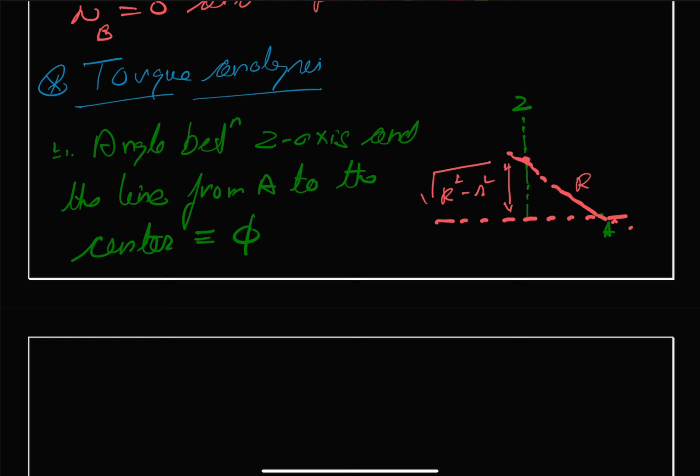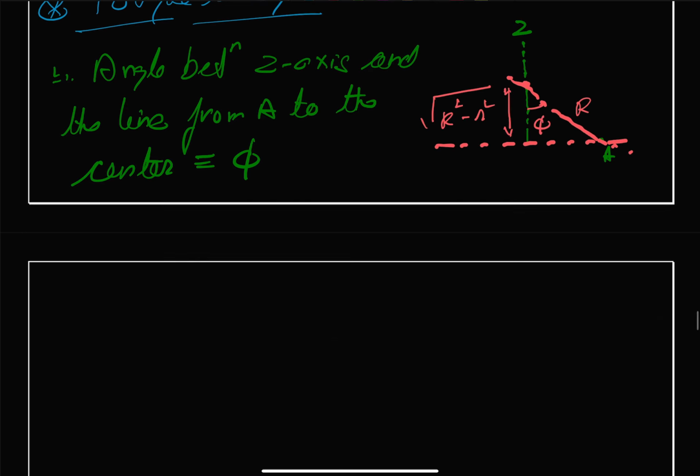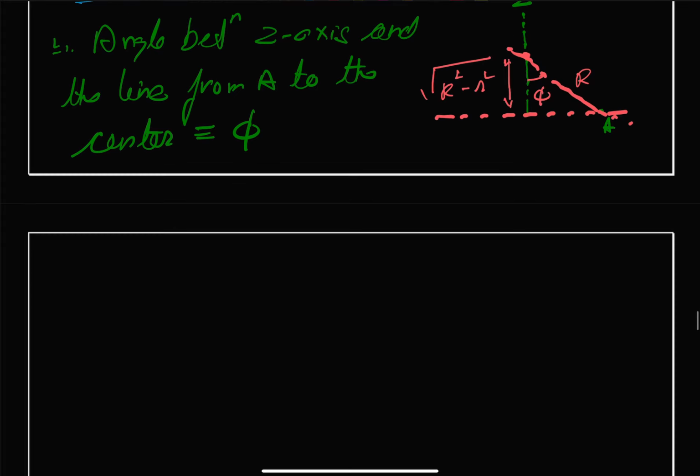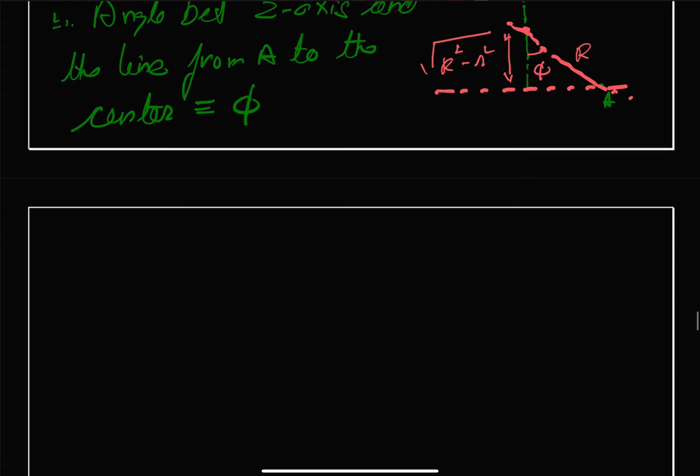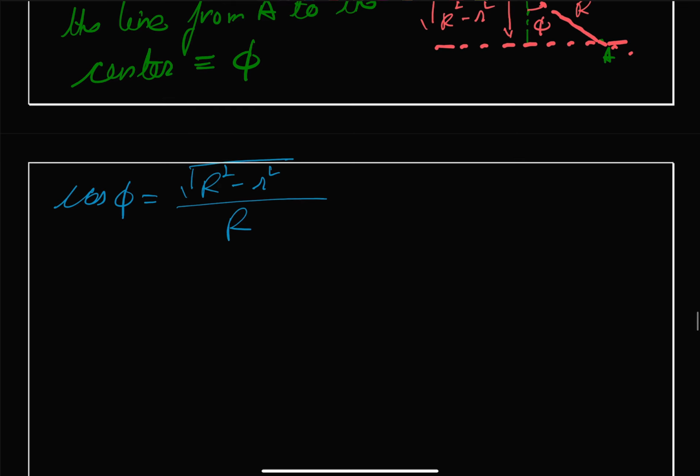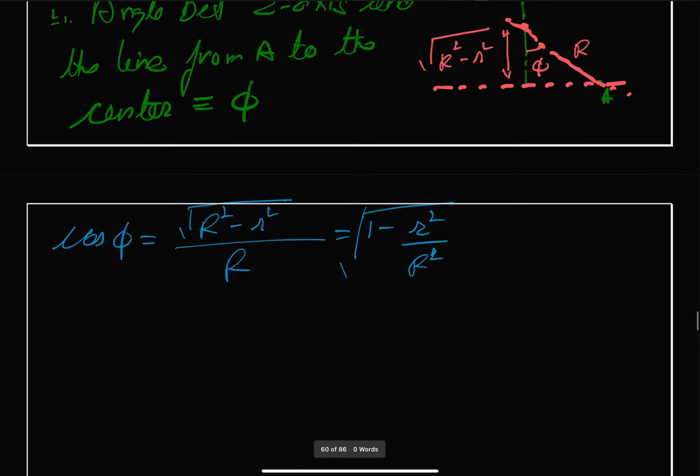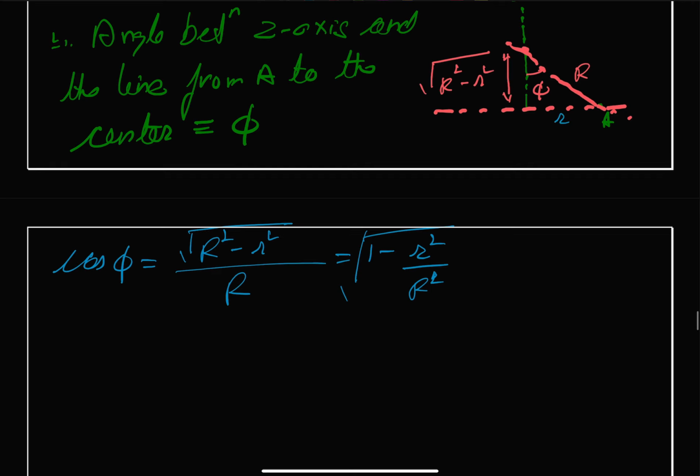Therefore, if this angle is phi, we can write that cos of phi will be equal to the square root of R square minus small r square, divided by capital R, which gives us the square root of 1 minus r square upon R square.